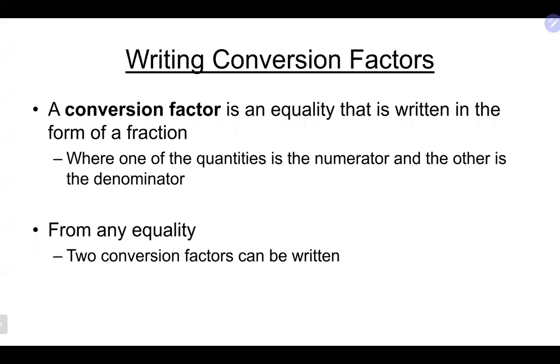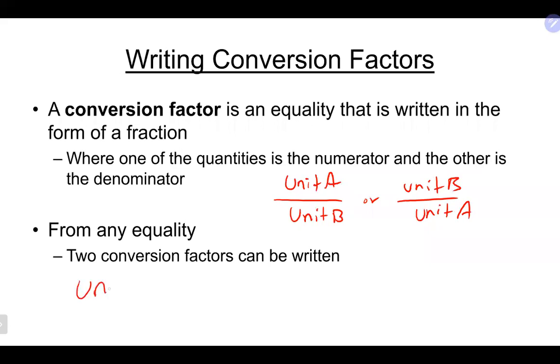The way that we use this is, for example, if we had two conversion factors where you had unit A over unit B, or unit B over unit A. And let's just say we were starting with unit A and we wanted to get to unit B. So we would choose a conversion factor where unit A would cancel, and in this case, it would be the one on the right.